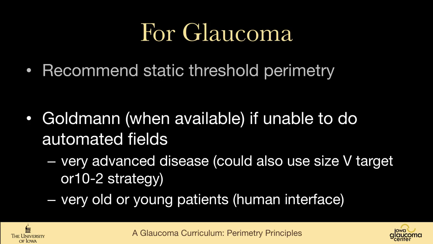Goldmann, if available, can be used if the patient's unable to do automated fields, people with very advanced disease, but you can also try using a bigger target or a smaller testing area on an automated perimeter. Or very old or very young patients sometimes do better with manual kinetic perimetry because there's a human rather than a computer interface.